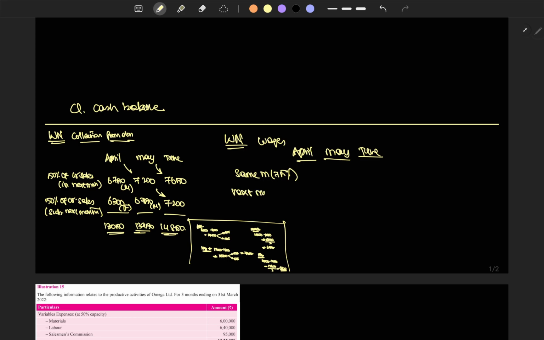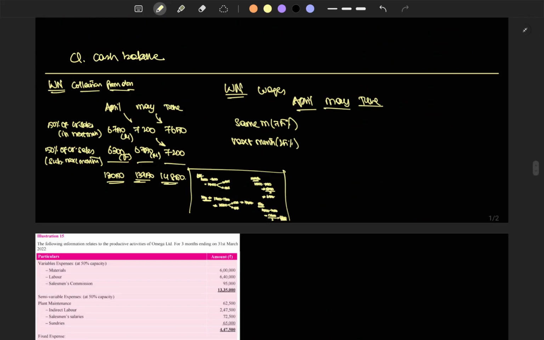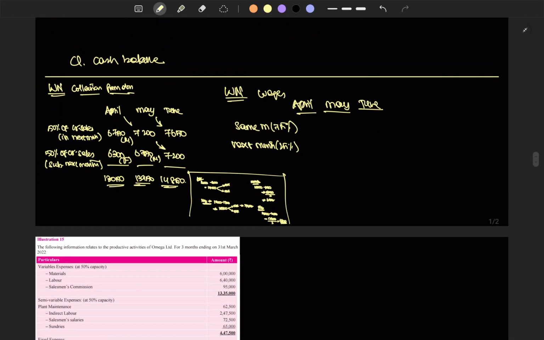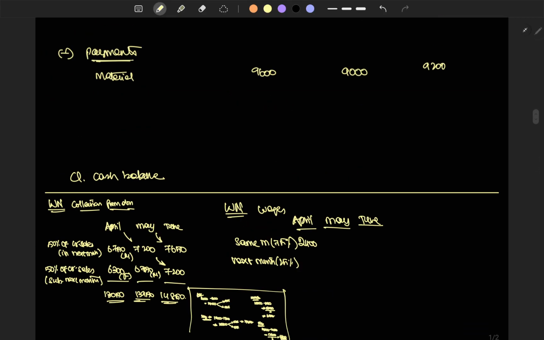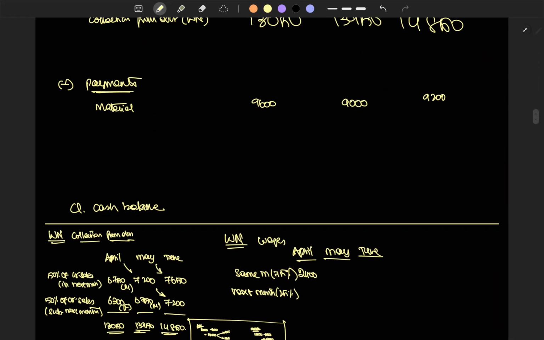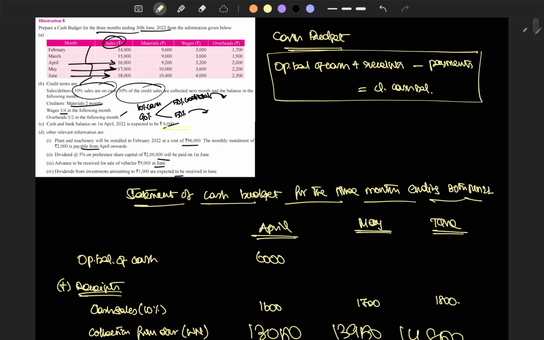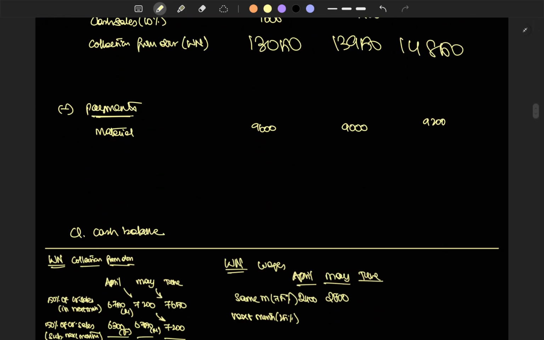Next month, 25 percentage. 3,200 into 75 percentage, 2,400. 3,600 into 75 percentage, 2,700. And then June 4,000 into 75 percentage, which is 3,000.